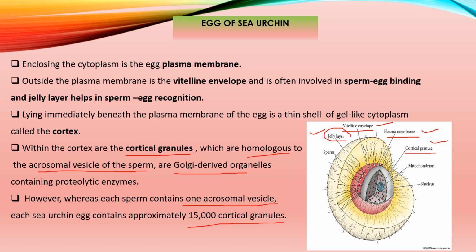Both are derived from Golgi bodies, and they contain proteolytic enzymes. Now, what is the function of the cortical granule? Its main function is to prevent polyspermy. We will discuss it when we get to the prevention of polyspermy slide.